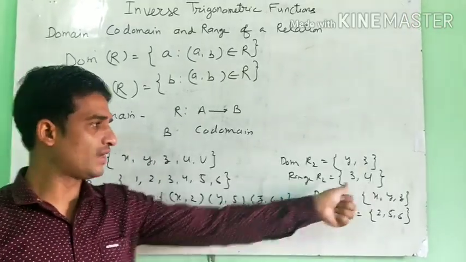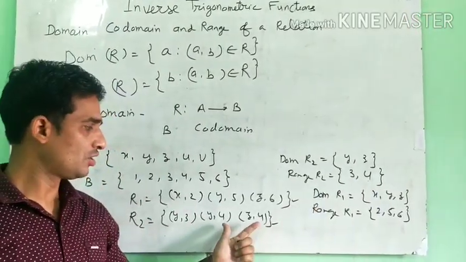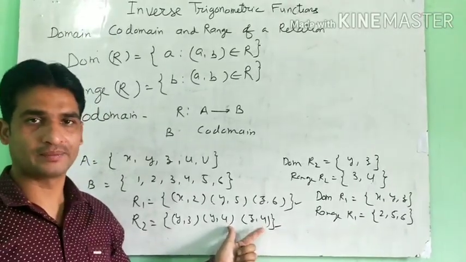We write 4 once, as we know that there is no repetition in a set.